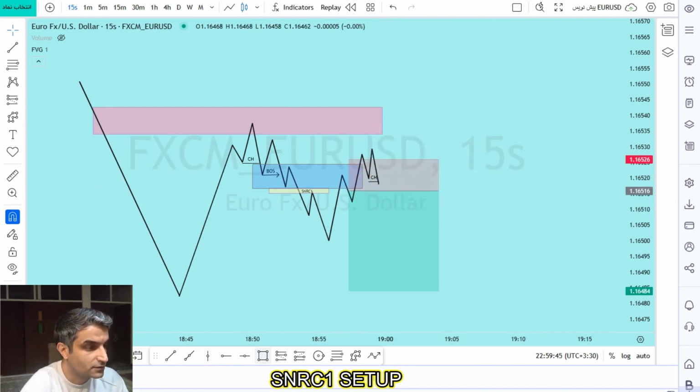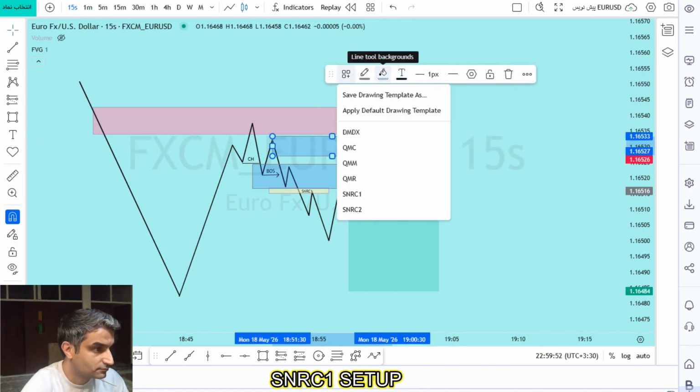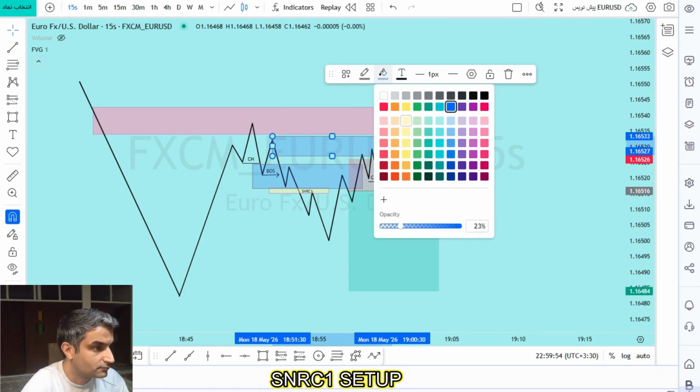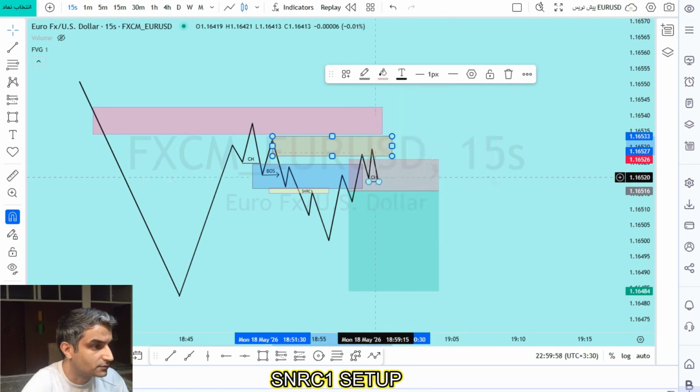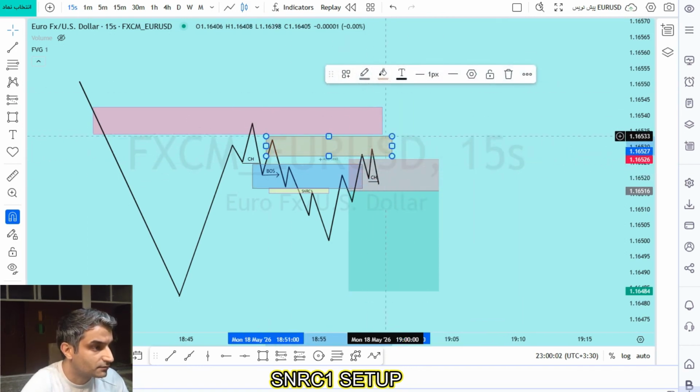and price touches an unmitigated order block, let me change its color. It can be our order block.